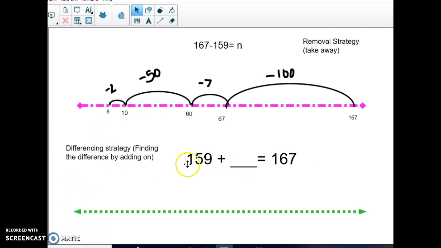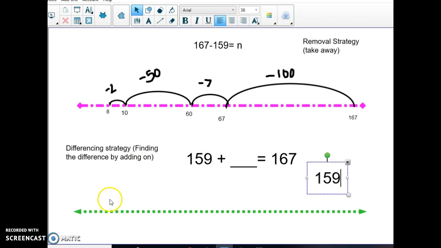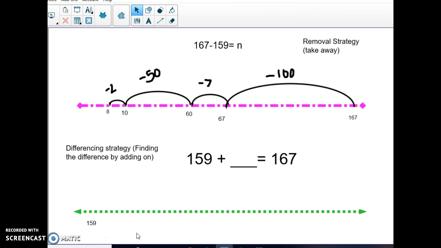Alrighty, so I'm going to start with 159. So I'm going to start with the smaller number, and I'm going to type 159 again, but make it a bit smaller. Move it to its proper location, and I'm adding on. So 159 is really close to 160, so I'm going to round it up because it's just one away.